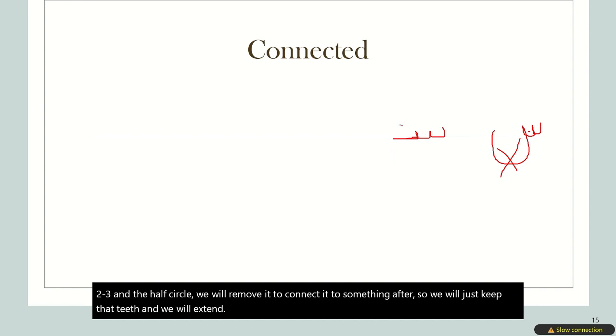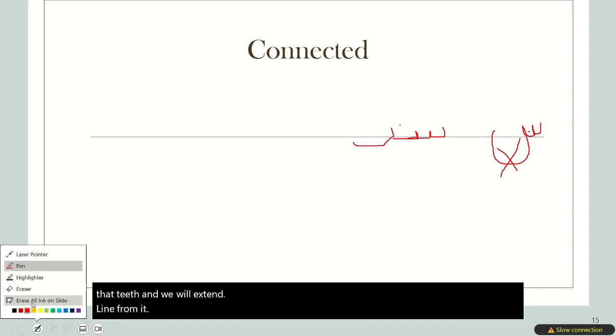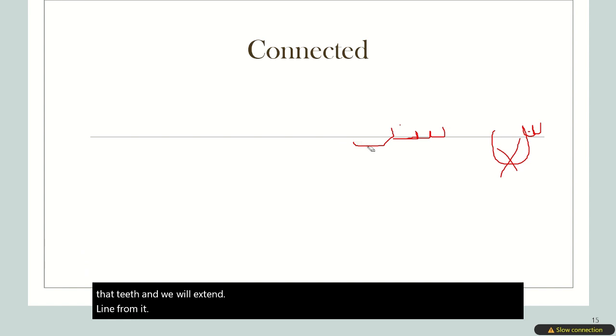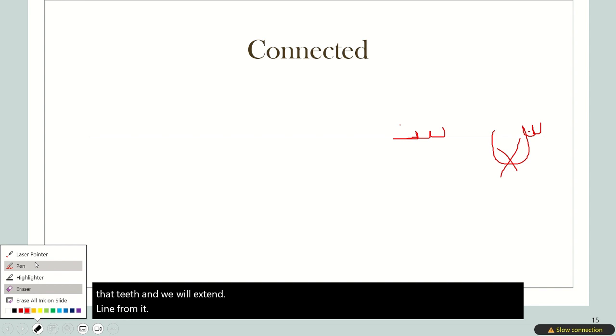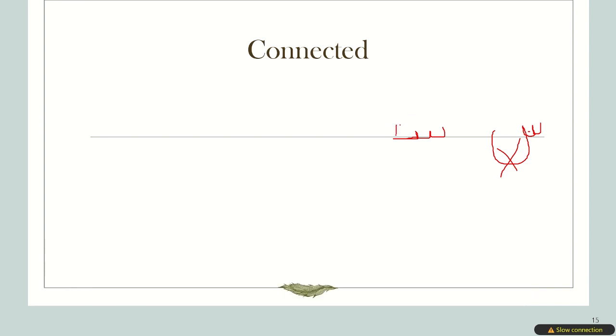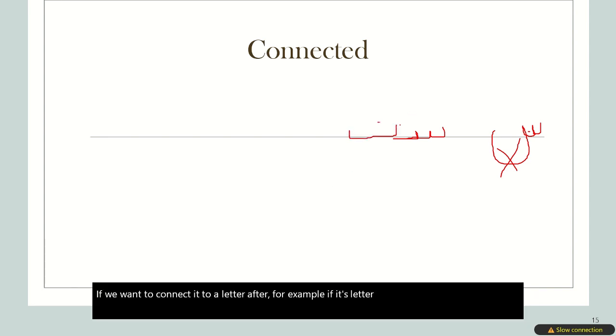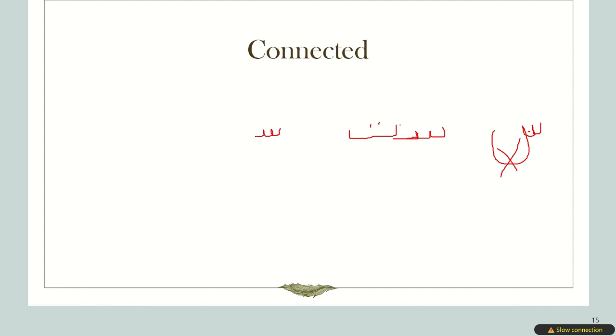For example, if it's letter ta, it would be like that. Okay, and if it's in the middle, so we will also keep the little teeth and we will extend a connection before and a connection after.